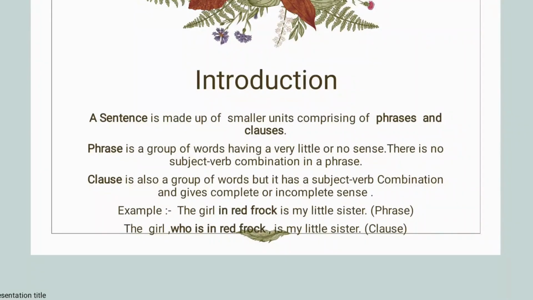What we understood by these words? Nothing. The sense is very negligible. We cannot understand what is the meaning of in the garden. It is incomplete. So, a group of words together giving us very little or no sense, we can call it a phrase.